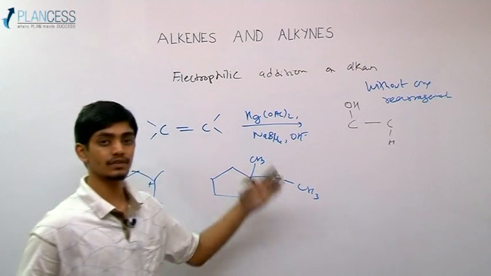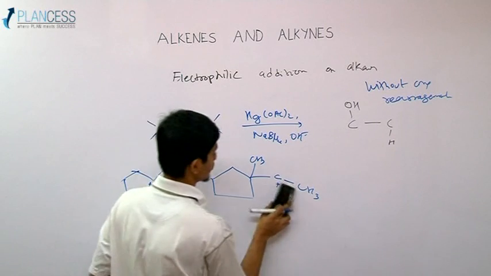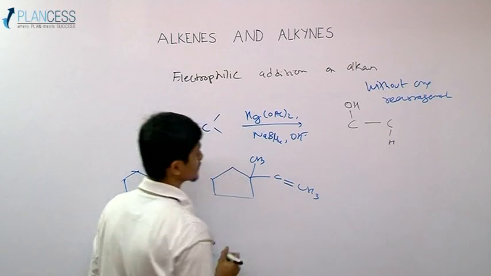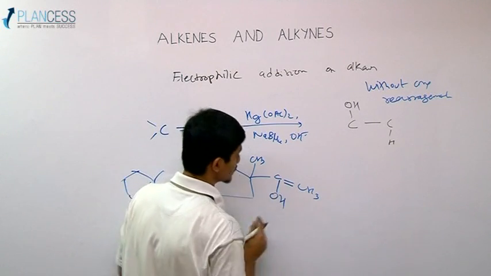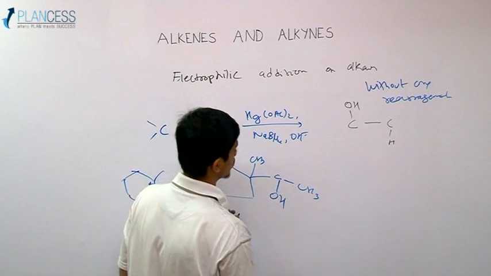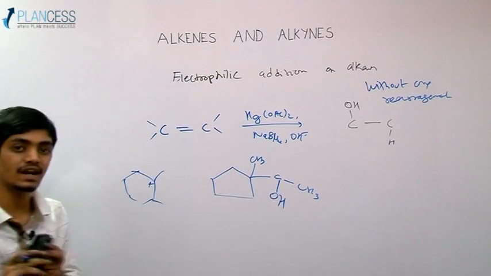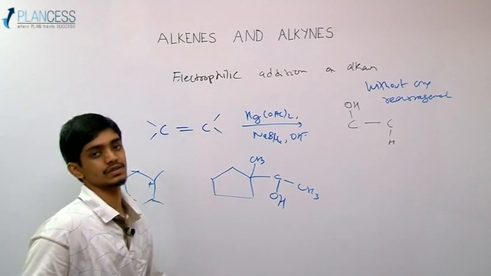But if you go for oxymercuration, demercuration, then in that case this alkene will give you specifically this alcohol and not the rearranged product. So that is exactly the advantage of this reaction.